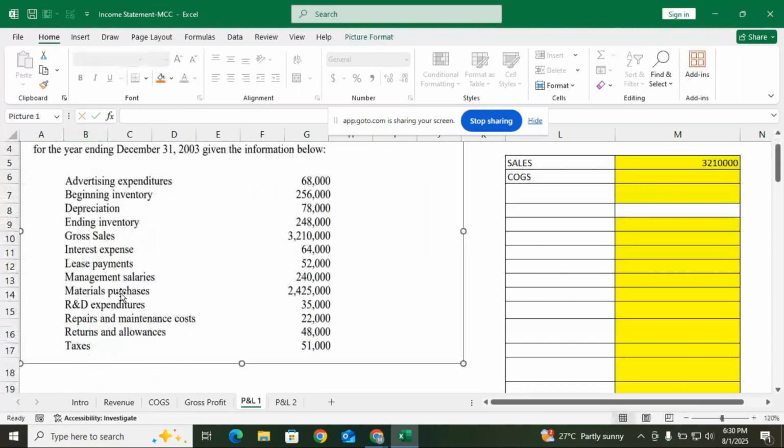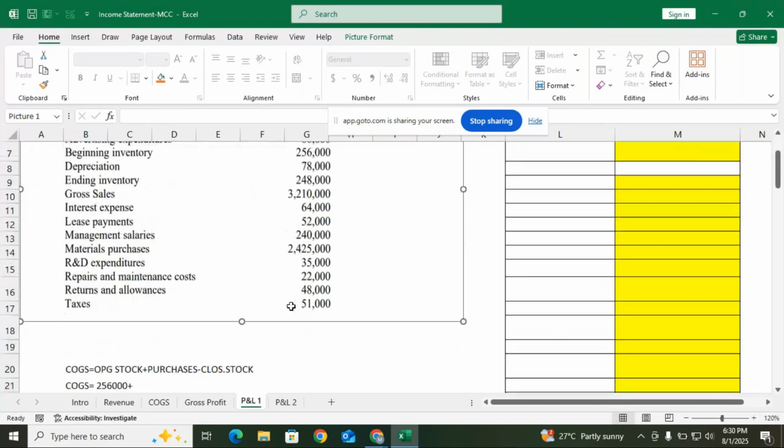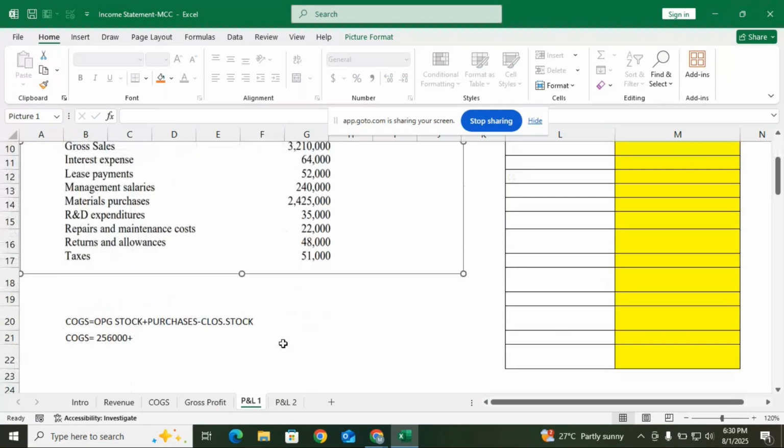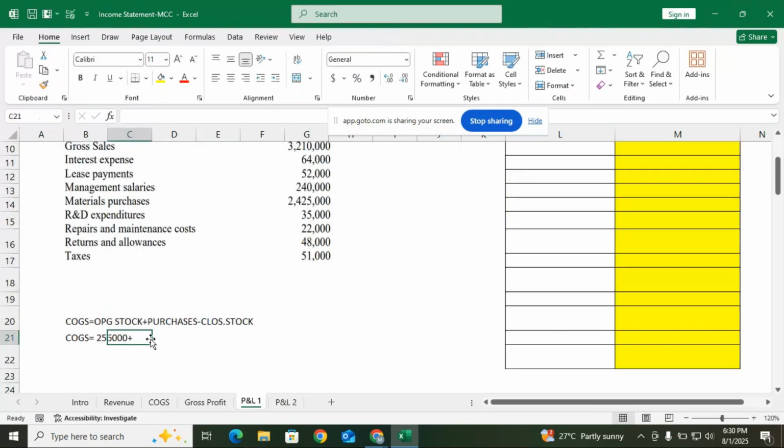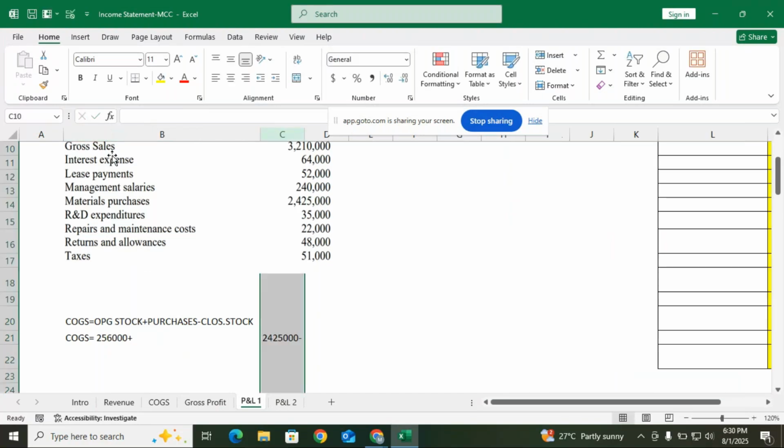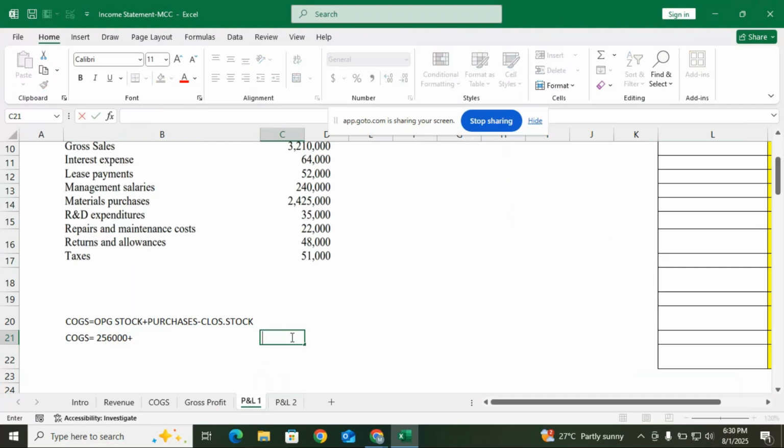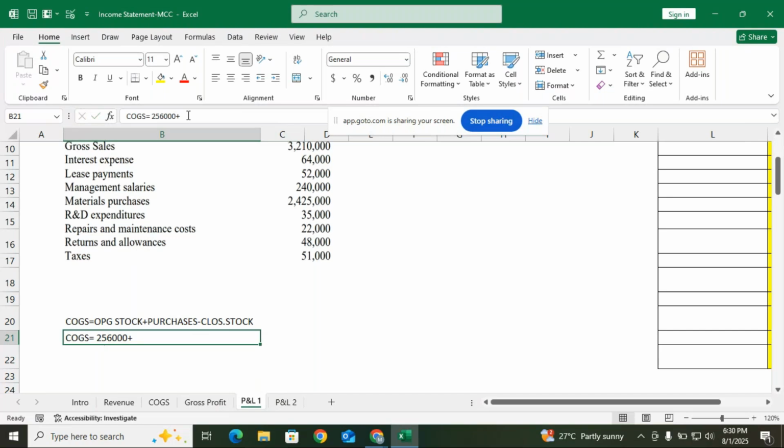Material purchases we have around 24 lakh 25,000, minus, what is your closing stock?